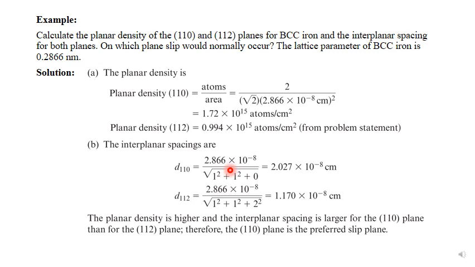And to do so, we need to calculate the interplanar spacing between the planes. Interplanar spacing d for 110 is the lattice parameter divided by the square root of the summation of the squared indices of that plane.